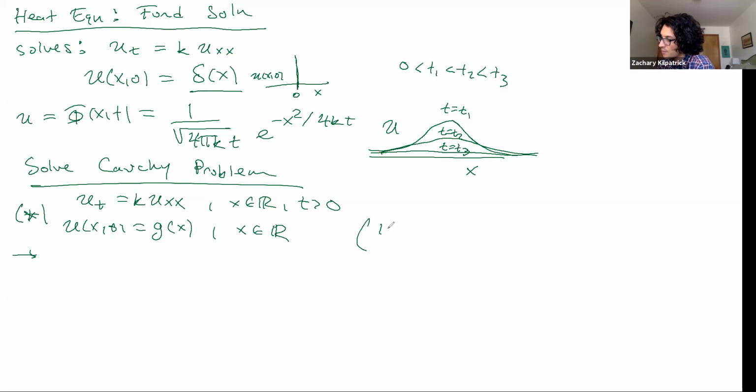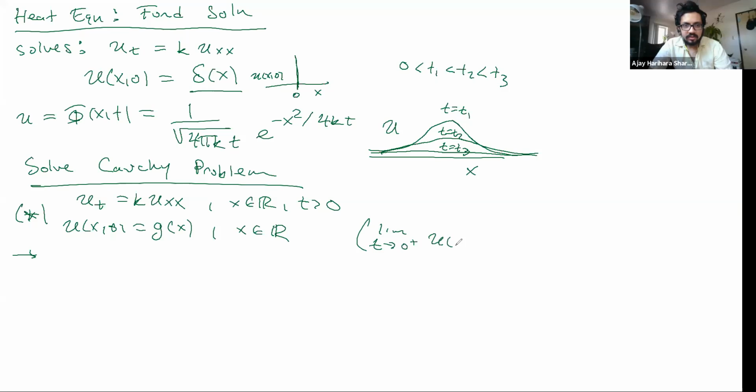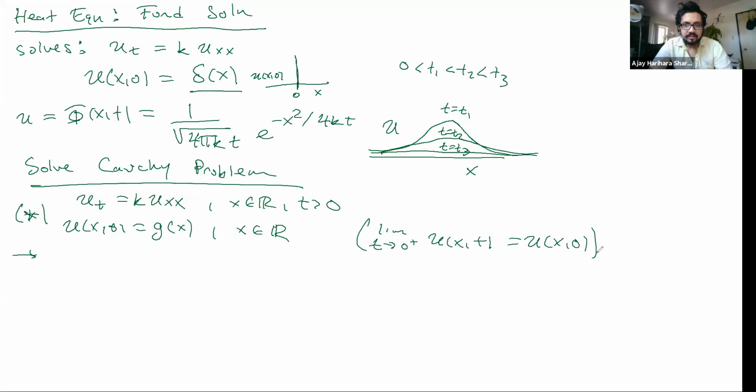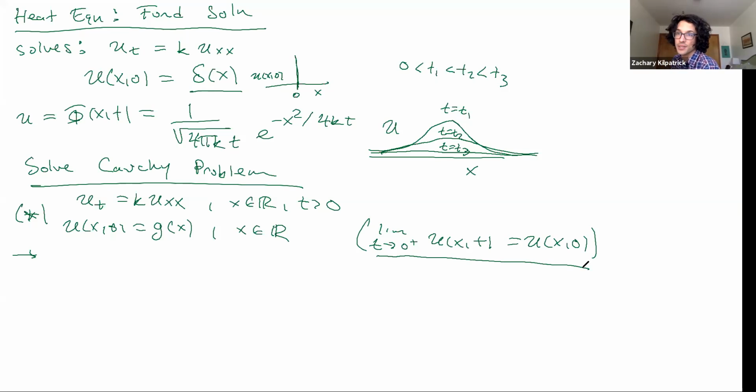So I think what you're saying, AJ, is that the limit as t goes to 0 from above of u of x, t is equal to u of x, 0. Is that what you're saying? Yes. So we will show that this happens when we construct our solution using the fundamental solution.